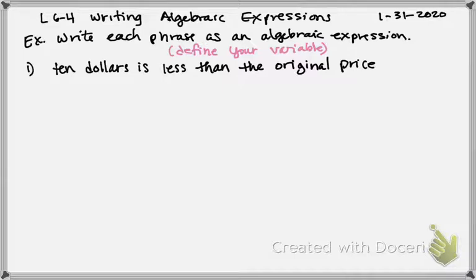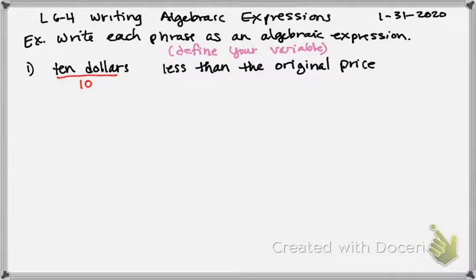Now, when I'm writing my expressions, I'm not going to include labels because my labels would be included in my answer. I'm going to see if I can identify numbers because they're the simplest. $10 right there, that's 10. We don't need this word.